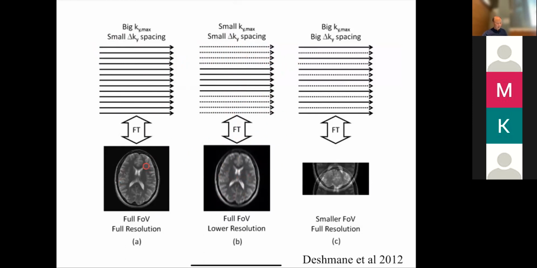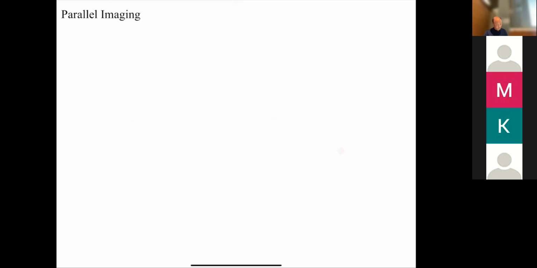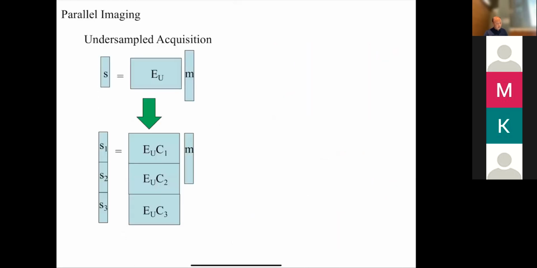What you'd like is this, just as good as this, but twice as fast, or 3 times as fast, or 4 times as fast, right? You want to get the same image, but just faster. So the other approach is you could skip every other line, which we just talked about, and that gives you the aliased image. Okay. So the parallel imaging approach is saying, well, how do I go from this undersampled acquisition?